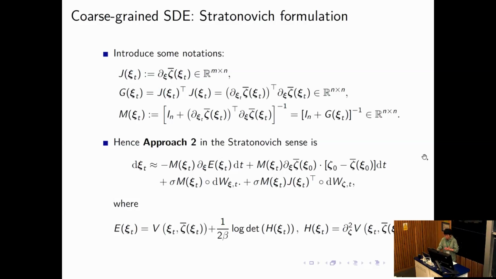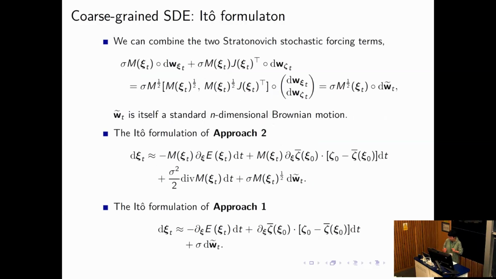Then when we consider the simulation, we cannot do Stratonovich, so we need to pull things back. We just apply the Stratonovich-to-Ito conversion formula, and we get the Ito formulation of approach 2. Similarly, we can truncate the previous integral up to I1 and J1 and get the Stratonovich version of approach 1, and then pull back to get the Ito formulation of approach 1.